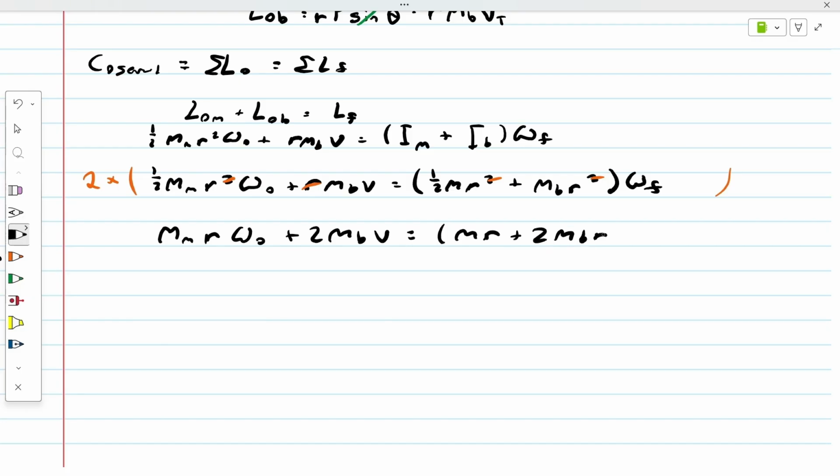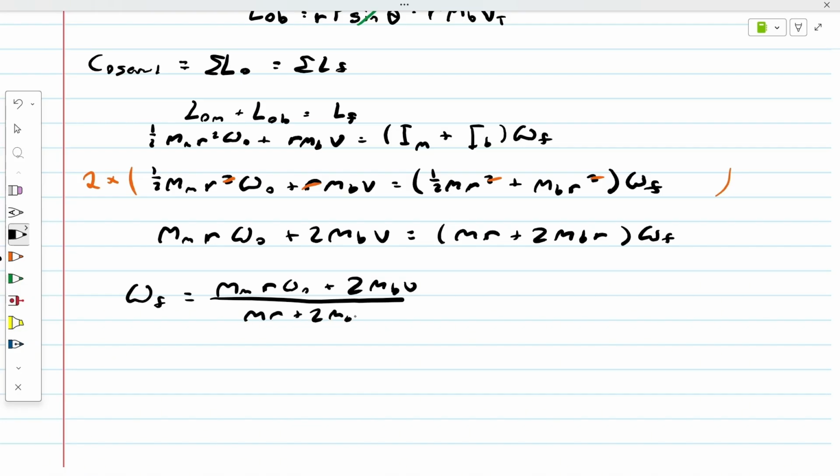Okay, and now that we've done this, we can rearrange it for this final angular velocity. So we get this whole expression here all over the other side. And so now all these variables are given to us, so we can go ahead and solve for this final angular velocity.